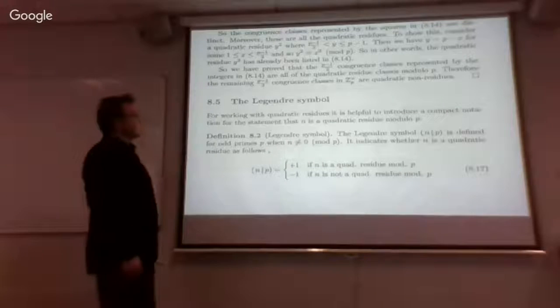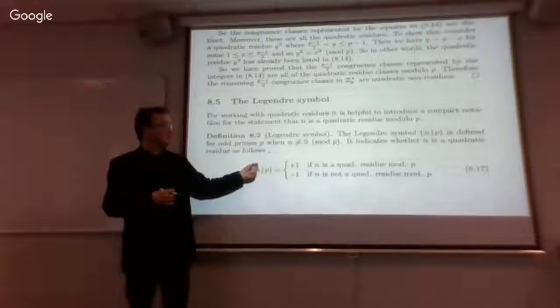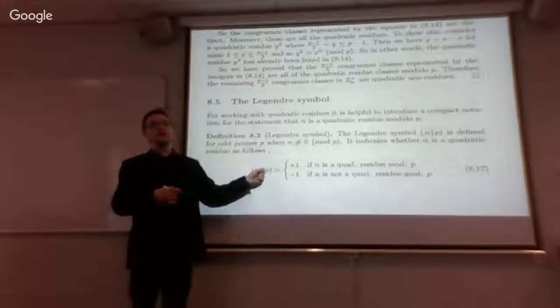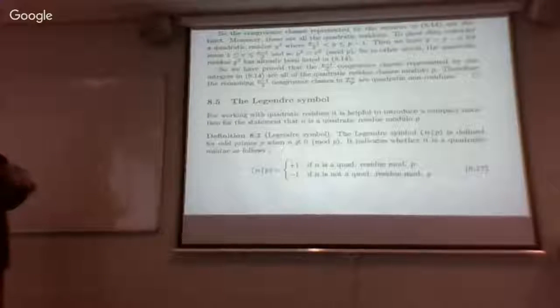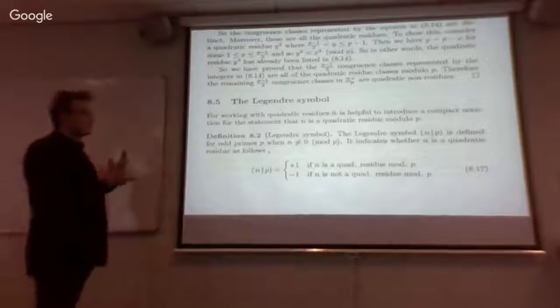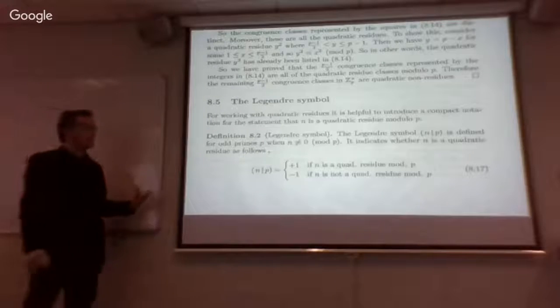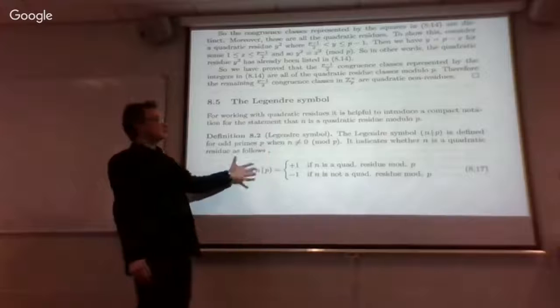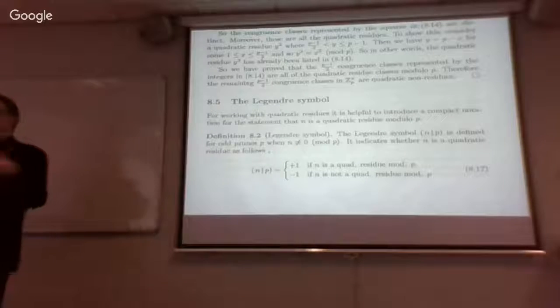And there's this general project that we'd like to be able to evaluate this for given n and given p. Evaluate it efficiently and in a nice way that shows good understanding of the underlying structure. And being able to evaluate these is what allows you to determine whether or not a given quadratic congruence will have solutions or not.